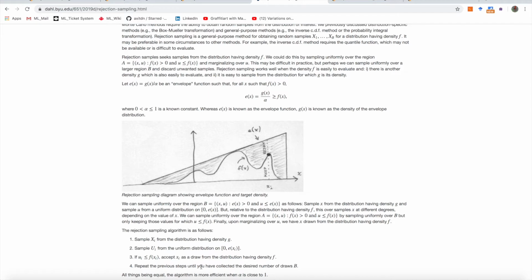And we repeat this until we have collected the desired number of draws, which comes in handy when we want to collect certain rand10 samples, or we want to collect a number of points on a circle. All things being equal, the algorithm is more efficient when that parameter alpha is close to 1.